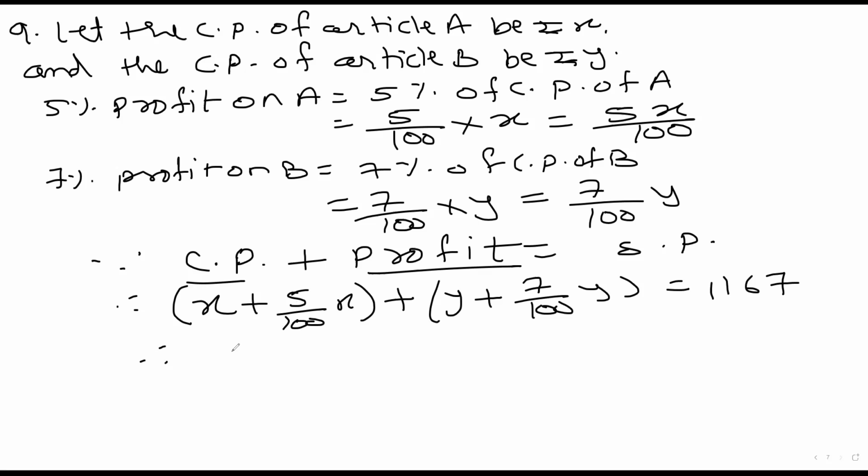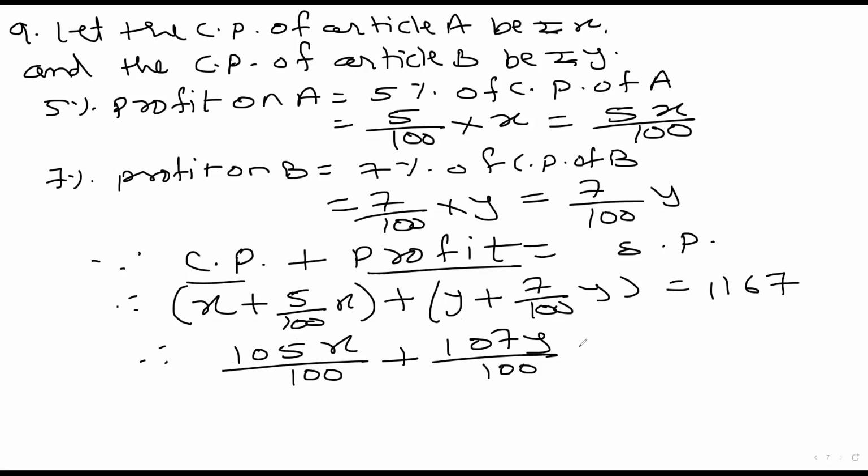So here, what do you get? 100x plus 5x is 105x upon 100, plus 100y plus 7y, 107y upon 100, is equal to 1167, correct? So this implies 105x plus 107y, and 100 is common, so 100 will be multiplied here.